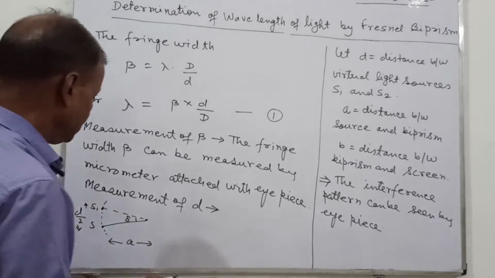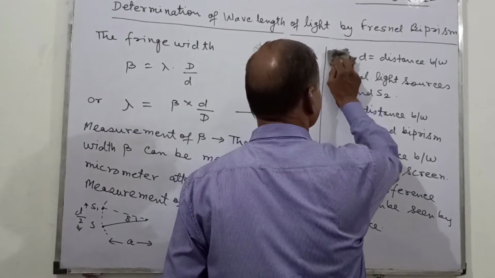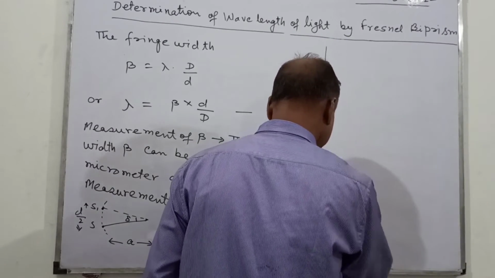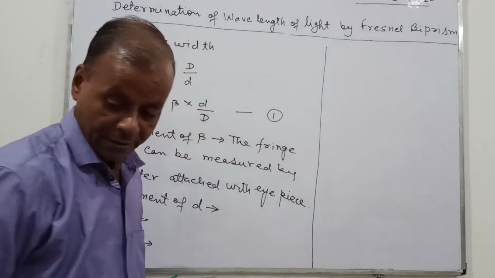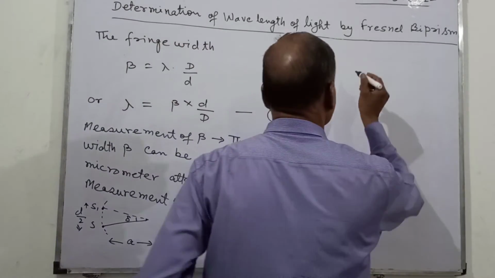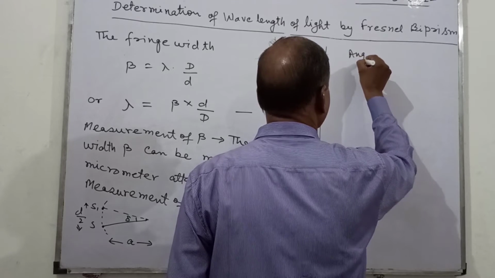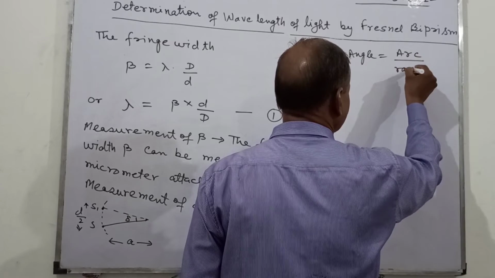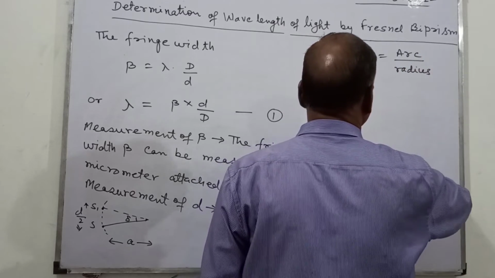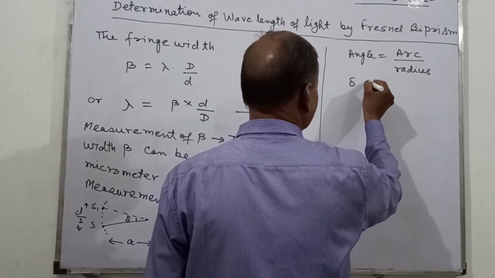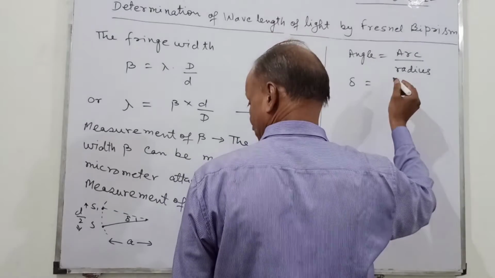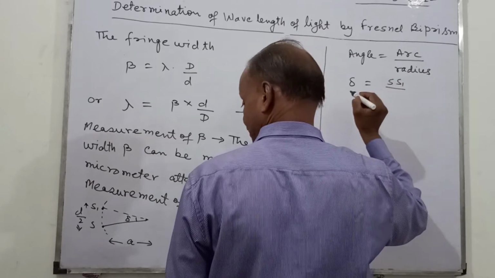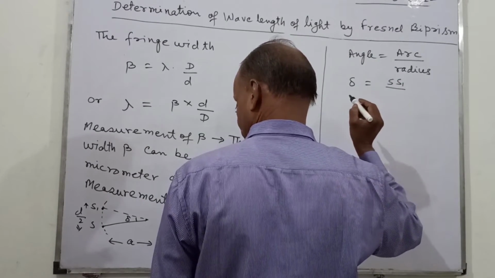So now we apply angle equal to arc upon radius. So delta is equal to arc, this is S1, upon radius, this is a.